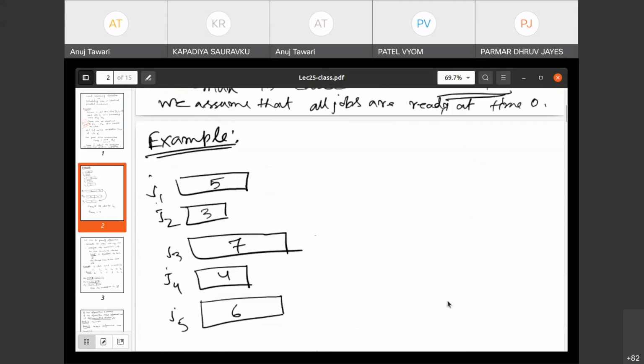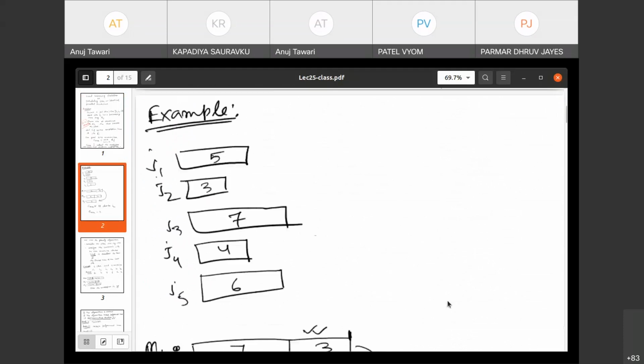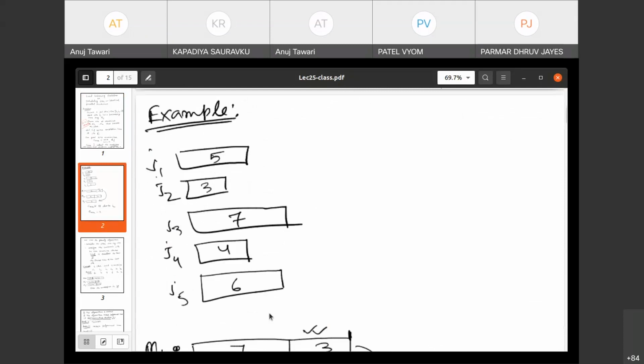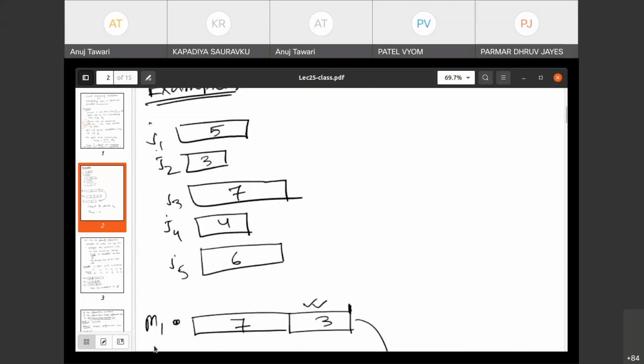So this is one sample example. We are given these 5 jobs, 5, 3, 7, 4, 6, and we have 3 machines. Let's say job 1 takes 5 hours, job 2 takes 3 hours, job 3 takes 7 hours, then 4 hours, 6 hours. Obviously you want to spend the minimum amount of time allocating these jobs on these machines.